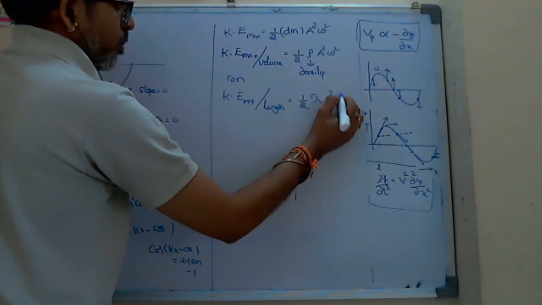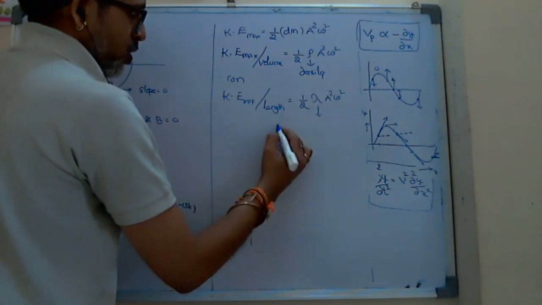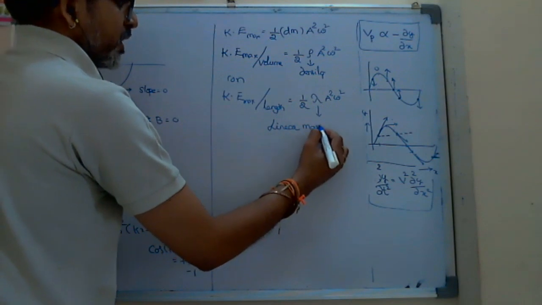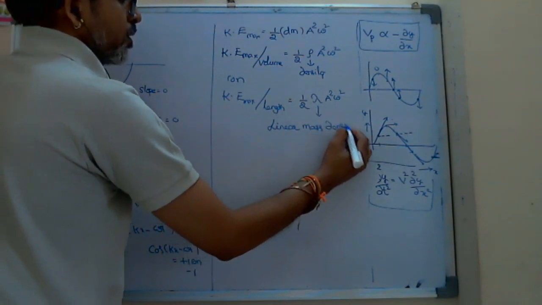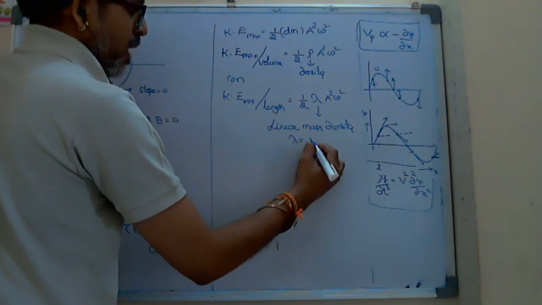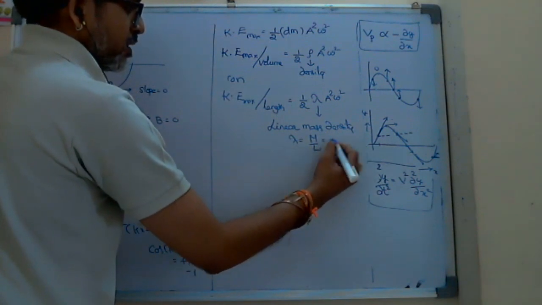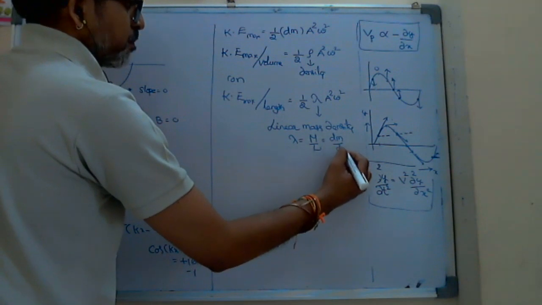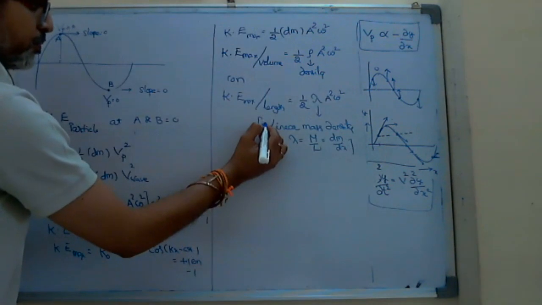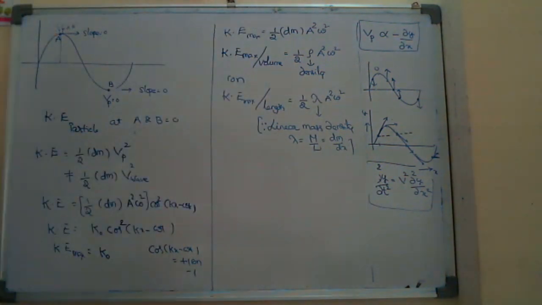So half lambda a square omega square, where lambda is called linear mass density, equal to mass per unit length, that is dm by dx in differential form. So this is KE max now.